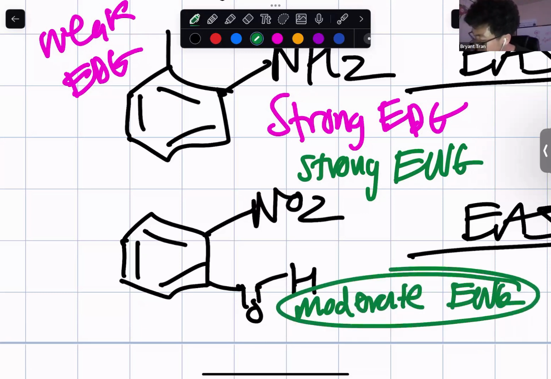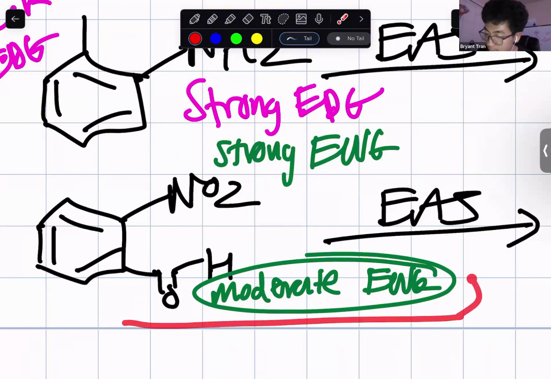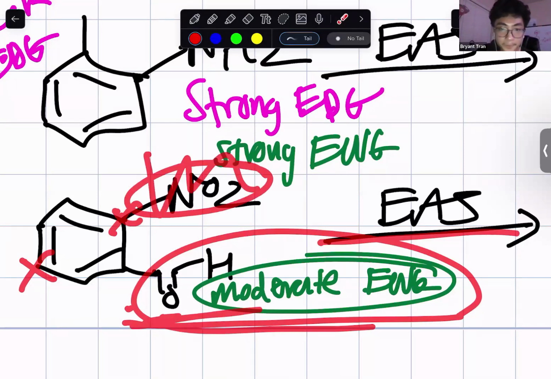And the moderate EWG here is the one that's going to direct the group because it does not deactivate the ring as much, right? We want to choose the group that has the more activating power, which is the weaker EWG. So the activating group is this aldehyde here, which is gonna direct the electrophile meta to it. So it's gonna be here or here. It cannot be here because it's already taken by the NO2.